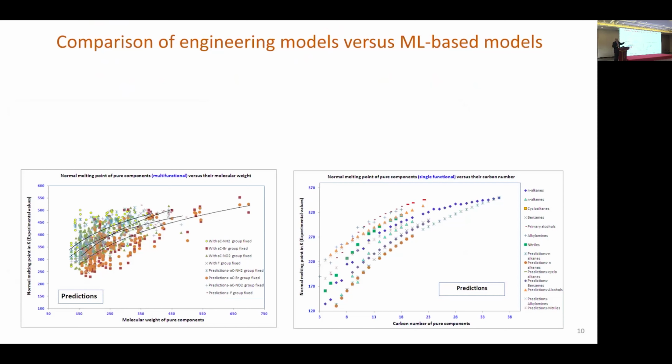So now I will show another modeling aspect. We have data about chemicals. The two plots you see are pure compound data of chemicals, and we would like to predict the property of those chemicals.